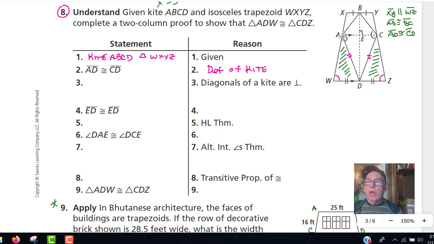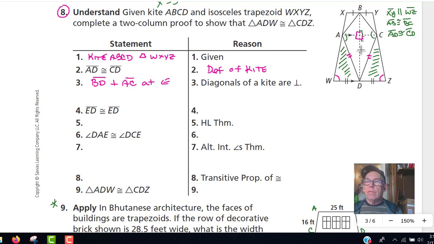Here we have that BD is perpendicular to AC. Let's go ahead and put an E in here, just to be a little bit more specific. So we got that part. So we got right angles here, and there, and there.